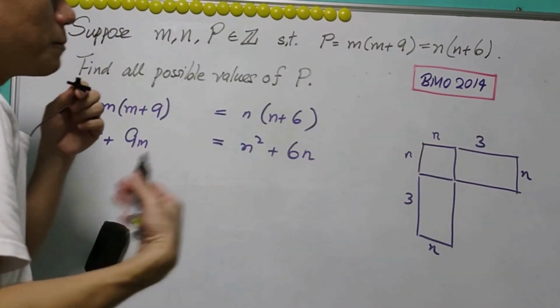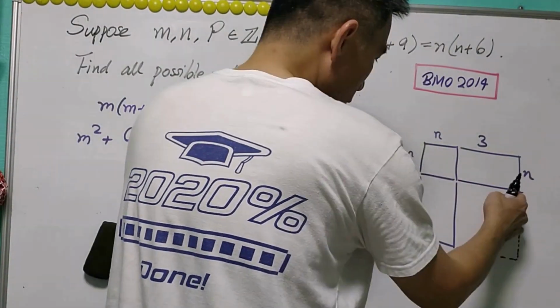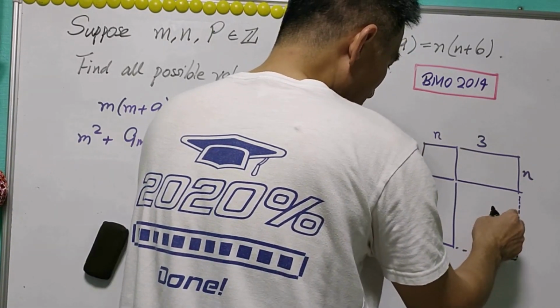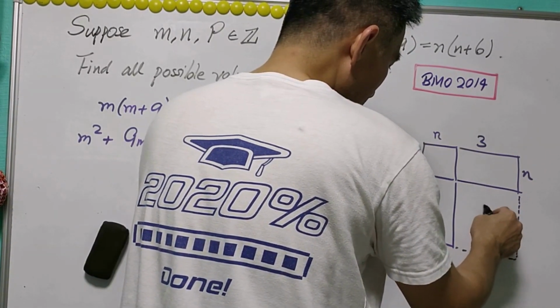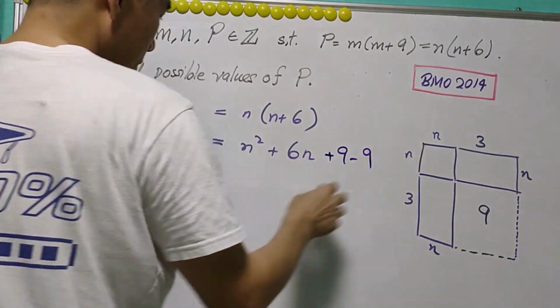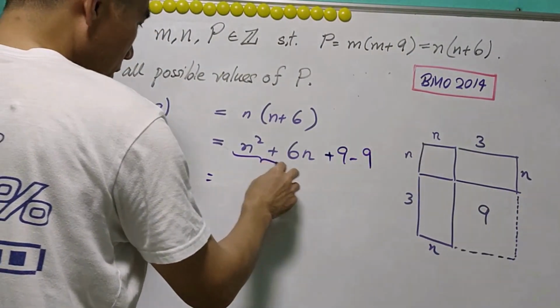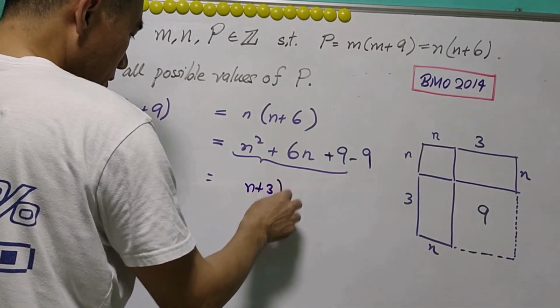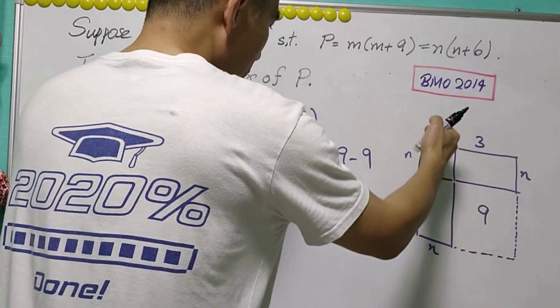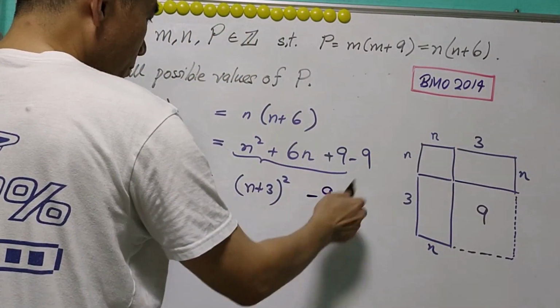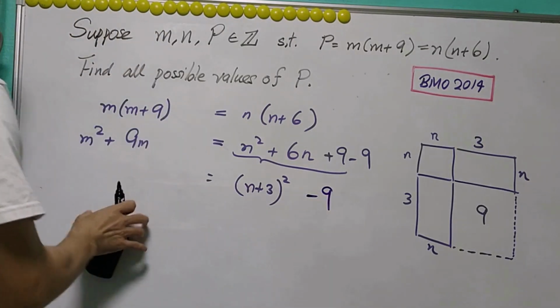And we complete the square by inserting one more square of side length 3. This square will have area 9. With plus 9 and minus 9, later on we can complete the square here. That is n plus 3 squared, because the bigger square has side length n plus 3. And we copy down the negative 9 here.